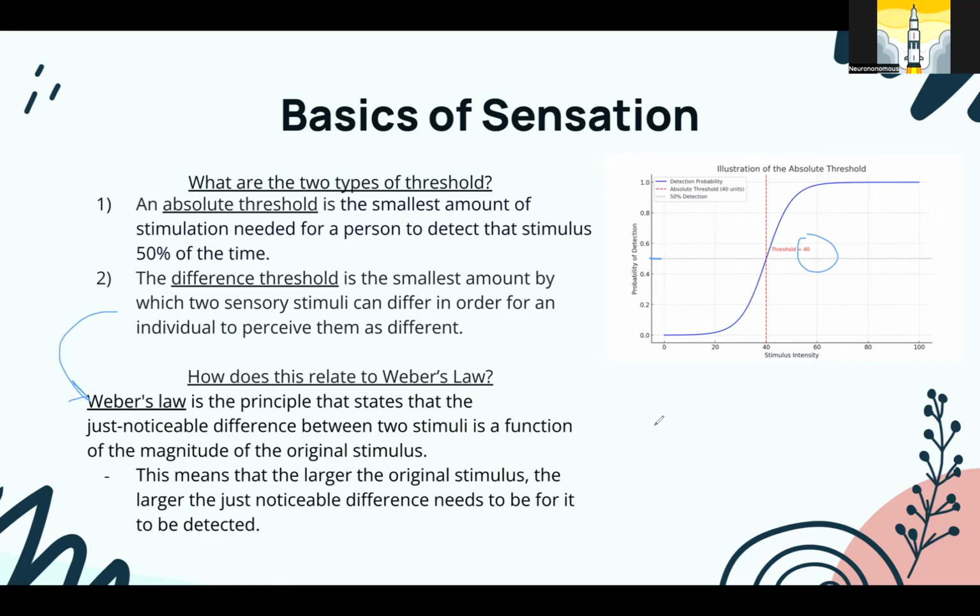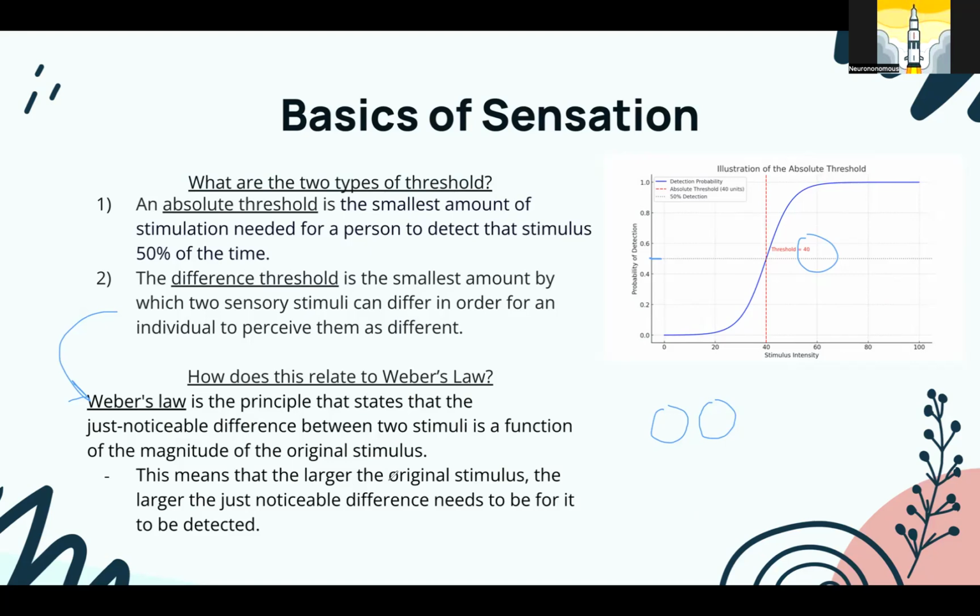So, for example, if I had one gumball and then I added another gumball, for sure I would notice that significant change. However, if I had 1,000 gumballs and I added one gumball in, then it would be much harder to notice, and the difference threshold would be much larger. And so this states that essentially, the larger the original stimulus, the larger the just noticeable difference needs to be for it to be detected.